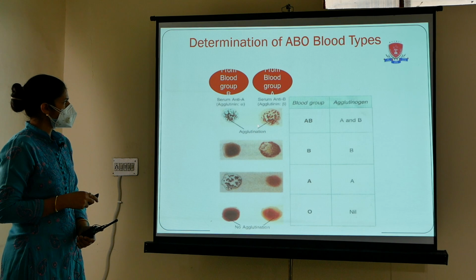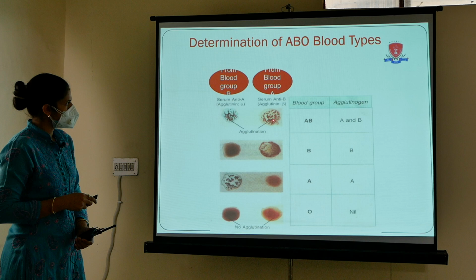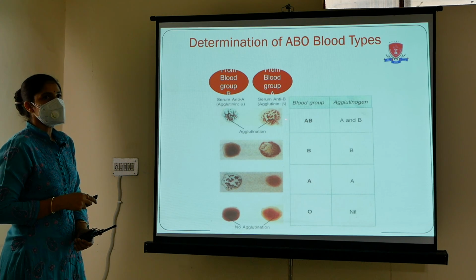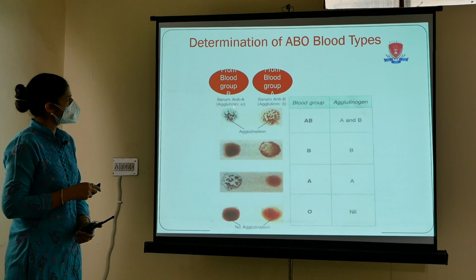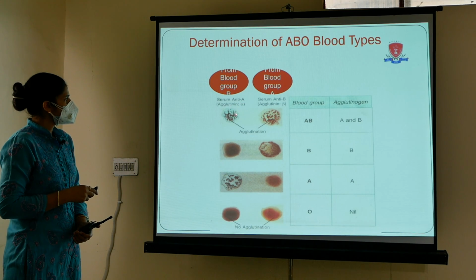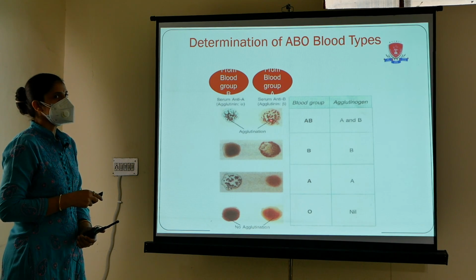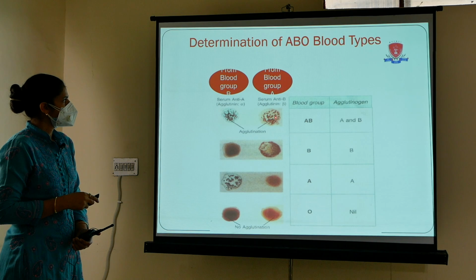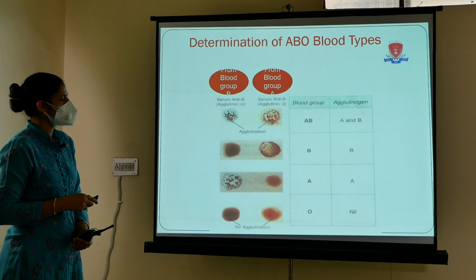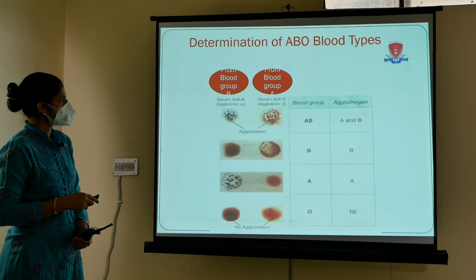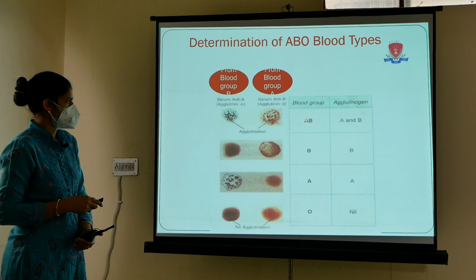Agglutination means that antigen A and antigen B are present on the cell membrane of the RBC. Antigen A reacts with agglutinin alpha and shows agglutination. Likewise, antigen B reacts with agglutinin beta and shows agglutination. So both types of antigen are present in this blood group, and it is blood group AB.